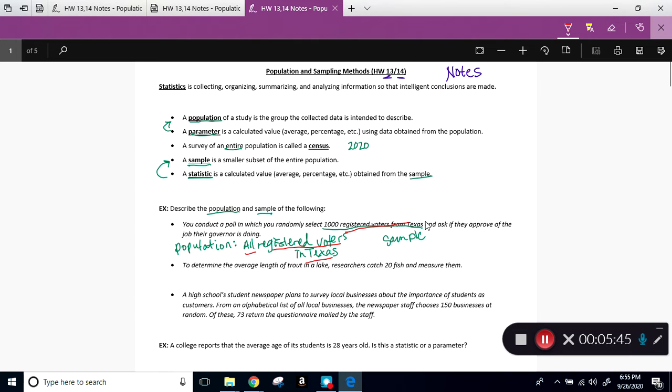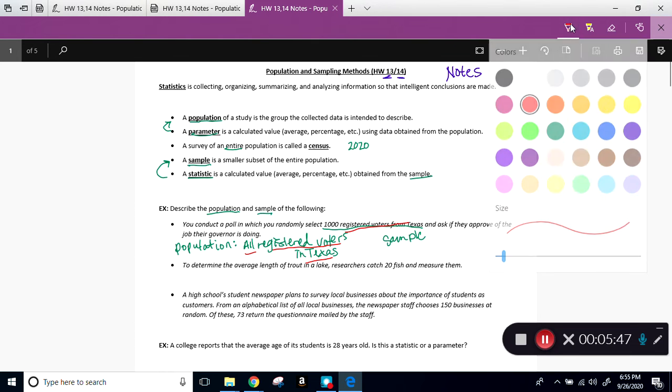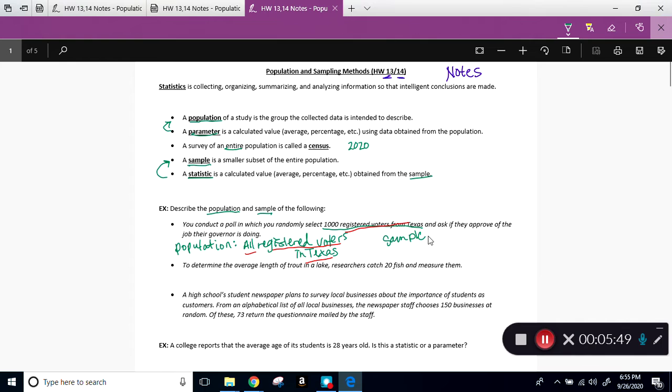I didn't mean to cross through that. And the sample is 1,000 of them. So remember, the sample we take from the population is a subset of it. So this is the 1,000 registered voters in Texas. It looks very much the same.